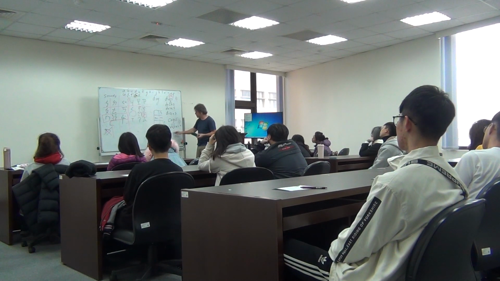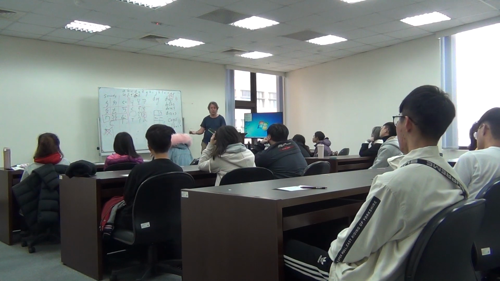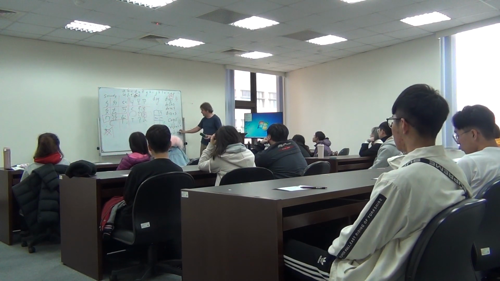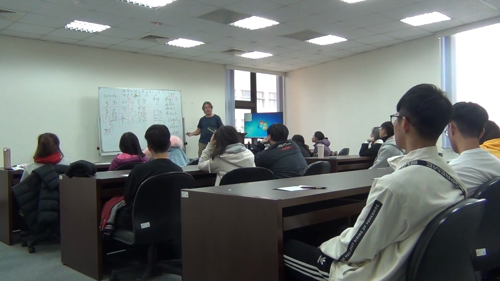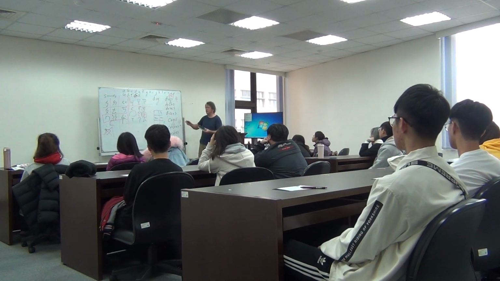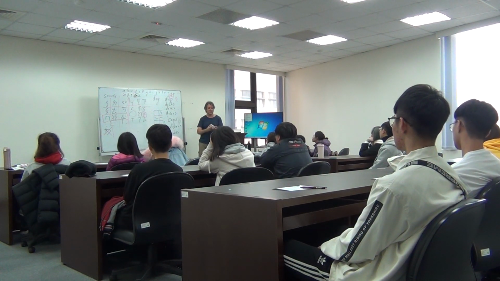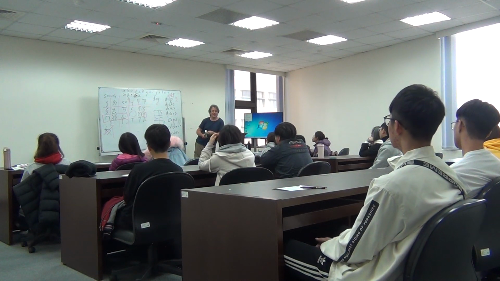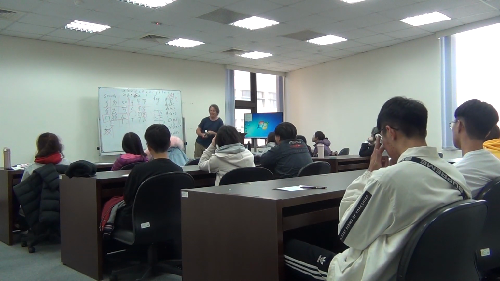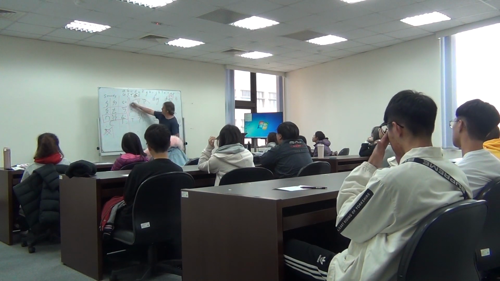Okay, let's try cash. Cash as a noun is uncountable, but we have a verb, so we can have es. Caches. How do you remember all of these sounds? It's really, really easy.